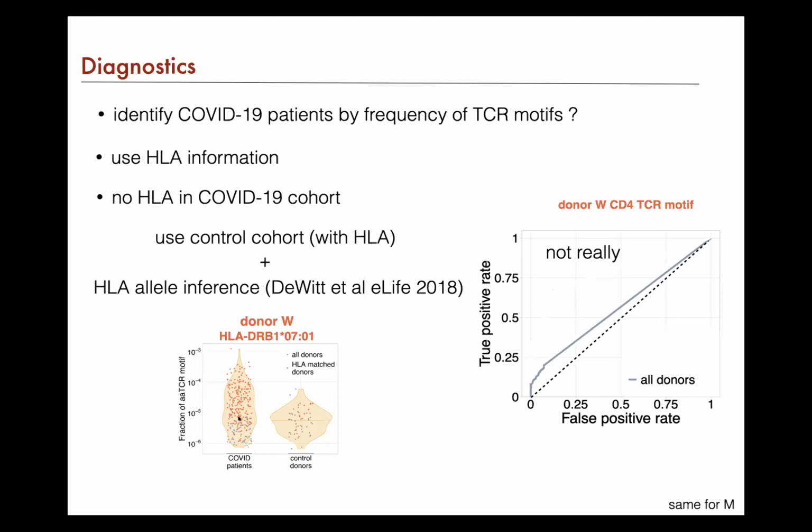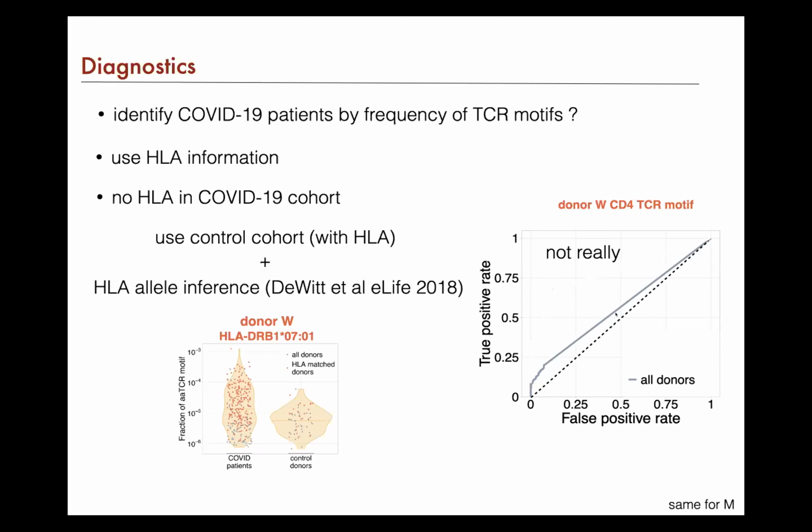And then, first of all, we could identify that this motif corresponds to this specific HLA type, which we happen to know is correct because we know the HLA type of donor W, and then restricted our analysis just to HLA matched donors, which are shown here in orange.